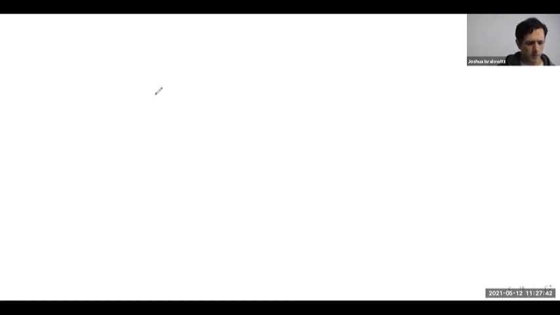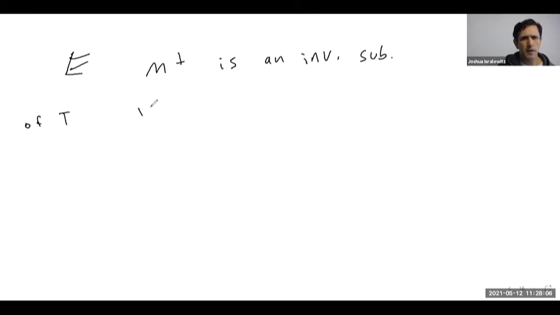Okay, so the other direction basically uses this. It's very straightforward. M perp is an invariant subspace of T star.